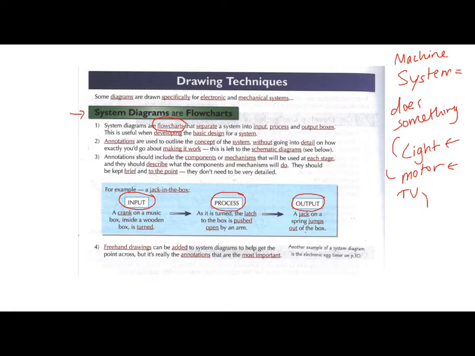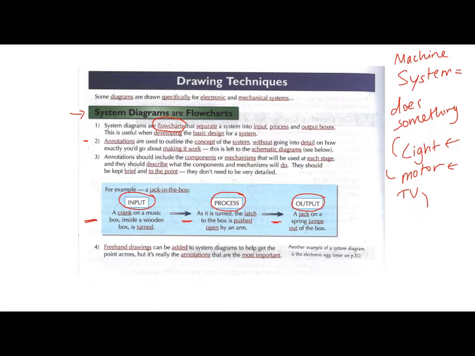What's also used, as well as these basic little input, process, output, you also have annotations, so little descriptions which outline the kind of idea behind the system without going into too much detail on how exactly you'd make it work. So it's basically just saying this will happen, then this will happen, then this will happen.